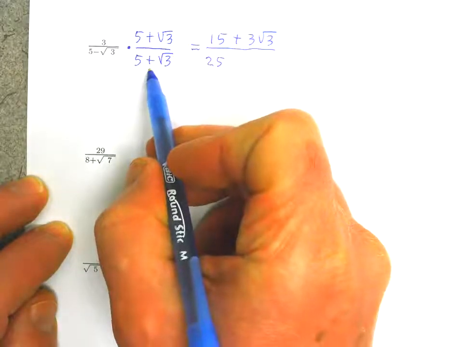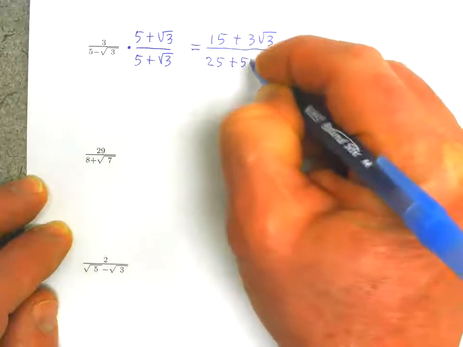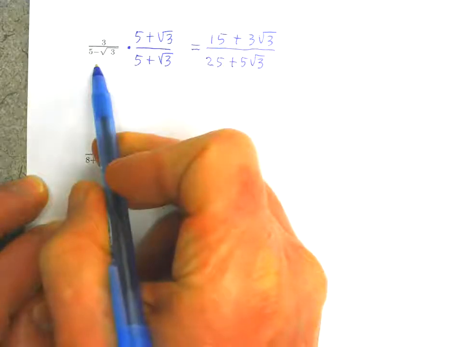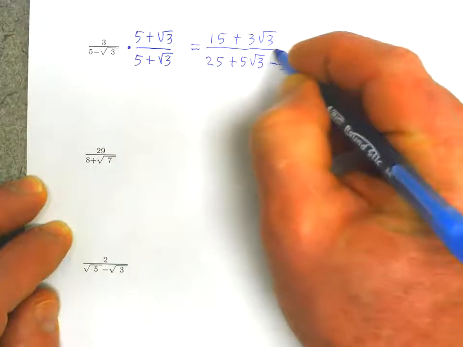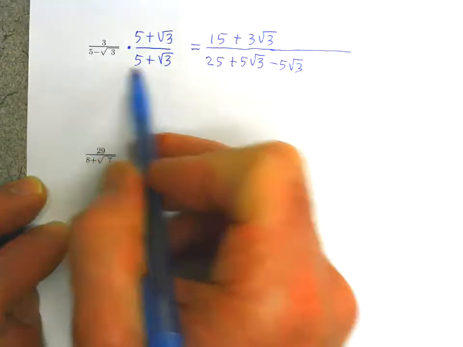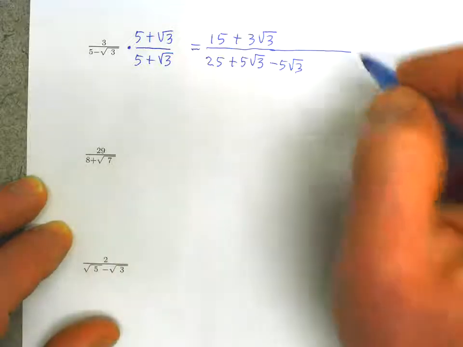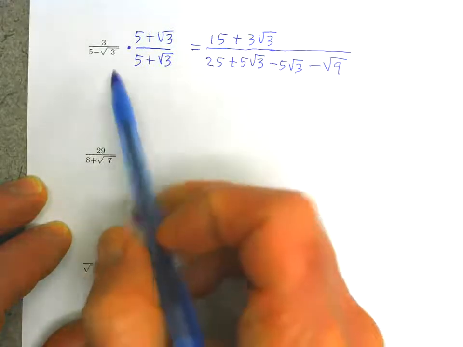And then plus 5 times the square root of 3. And then minus the square root of 3 times 5, that's just minus 5 times the square root of 3. And finally, minus the square root of 3 times the square root of 3. But that's minus the square root of 9 because 3 times 3 is 9.